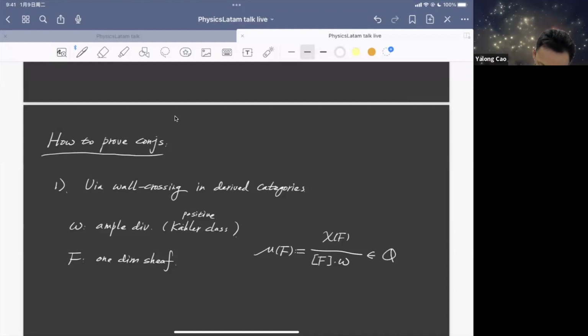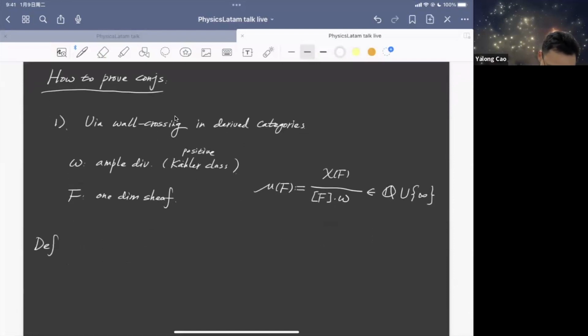So this lives in the rational numbers union with infinity. Possibly it could be infinity, because F can be a zero-dimensional sheaf.